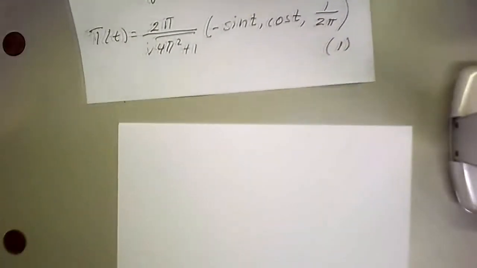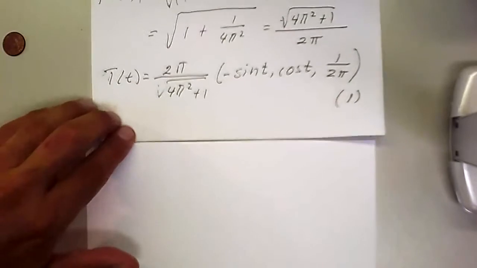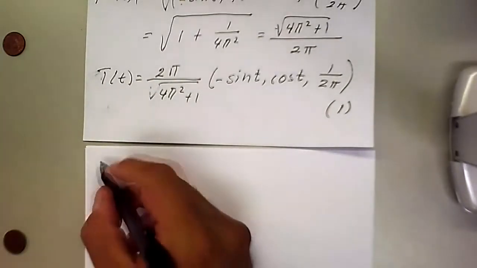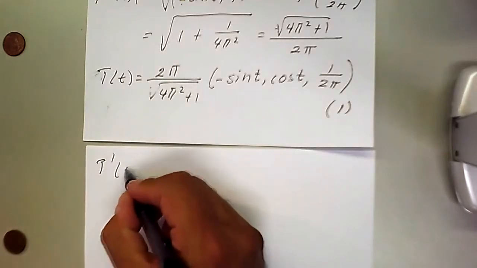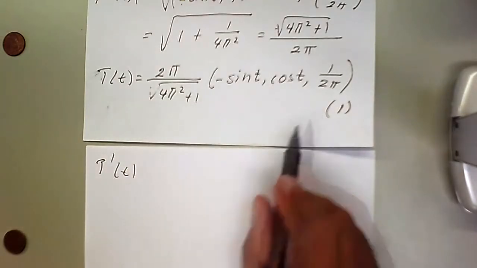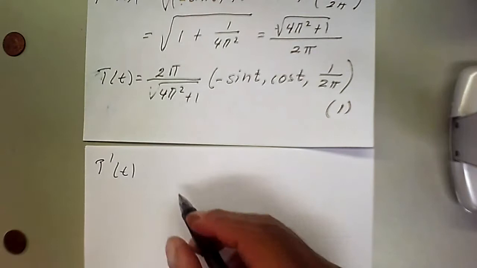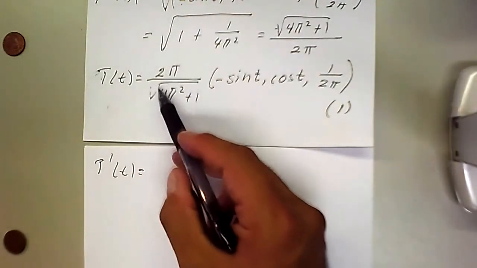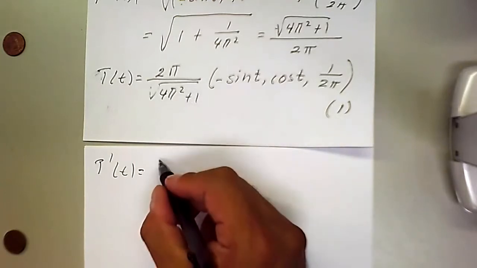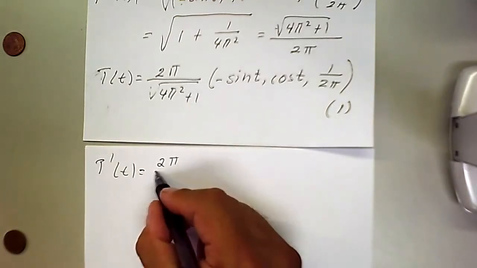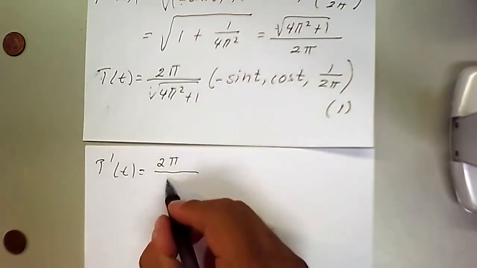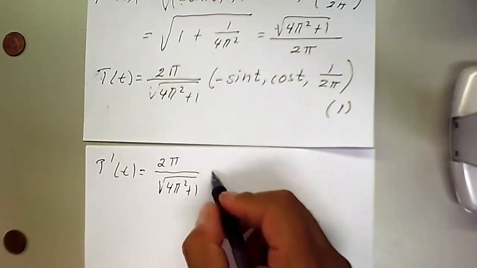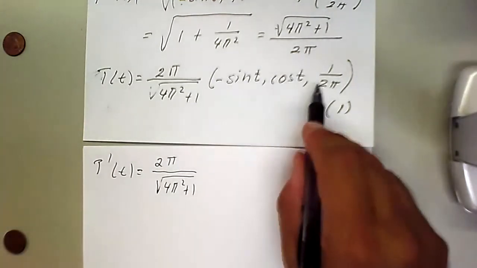The next thing we need to do is find T prime of t, and having T there will be handy. This is a constant, so we can just factor it out of the process of finding T prime, the square root of 4 pi squared plus 1. And then we just proceed to find the derivative of that.